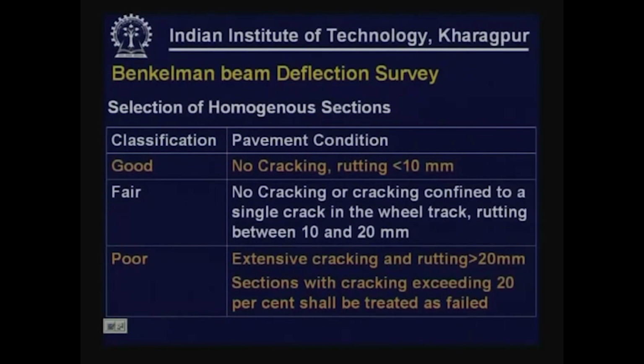As I said, we may have to conduct a Benkelman beam evaluation survey for, let us say, 100 kilometers, and we cannot give one single value representing the whole 100 kilometer stretch. What we have to do is divide this complete stretch into smaller stretches having uniform characteristics. It can be 1 kilometer, 2 kilometer stretches.